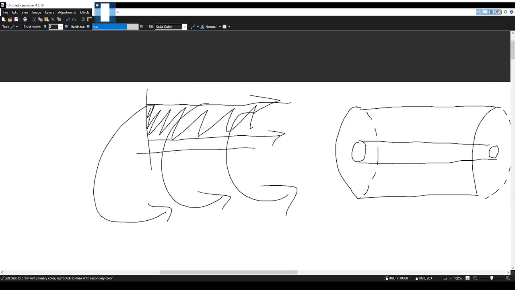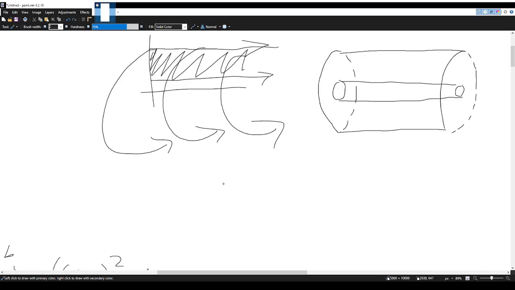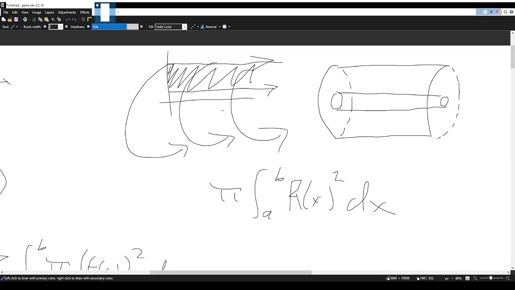Now, you might think, okay, so we have this, right? We have the pi integral from a to b of r of x squared dx. So you might think, okay, well, what would you think here? I would say it's pretty obvious that you need to do something minus something, right?